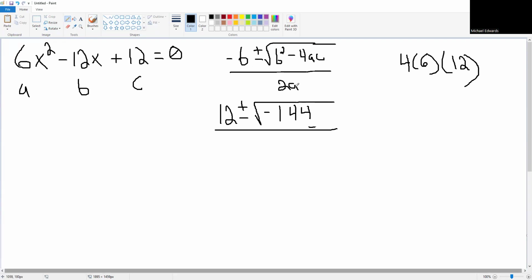And then the bottom is 2 times a, which is 6. 2 times 6 is 12. And there we are. Now, we can rewrite this as 12 over 12 plus or minus the square root of negative 144 all over 12.